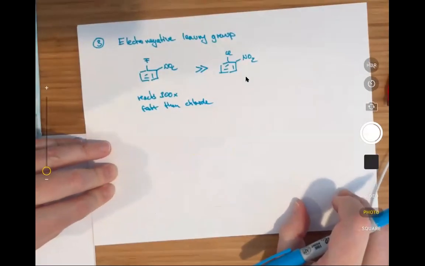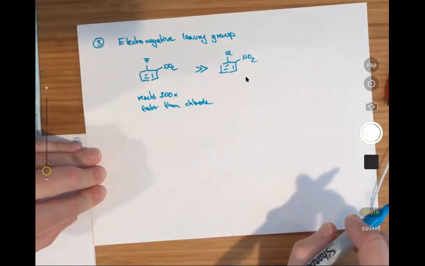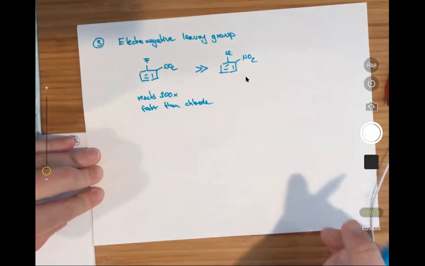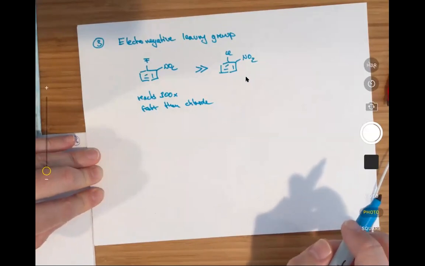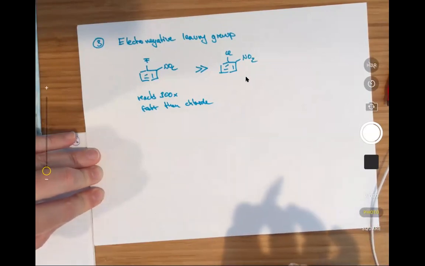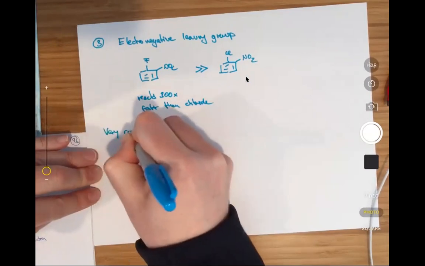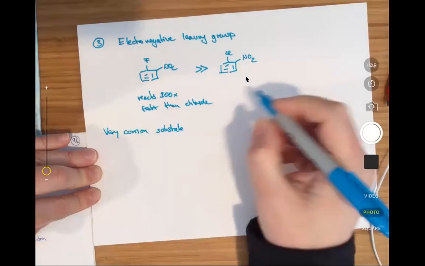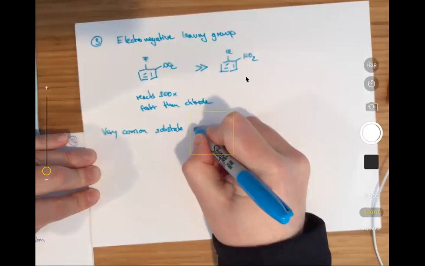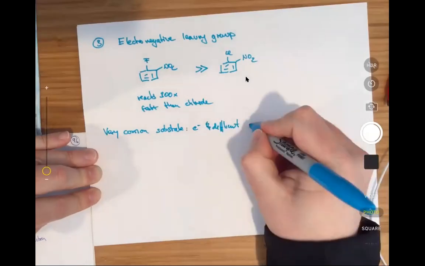Something that you might not immediately have expected, but it's a very common substrate for these nucleophilic aromatic substitutions are heterocycles, in particular those heterocycles that are electron poor. So very common substrate: electron deficient heterocycles.